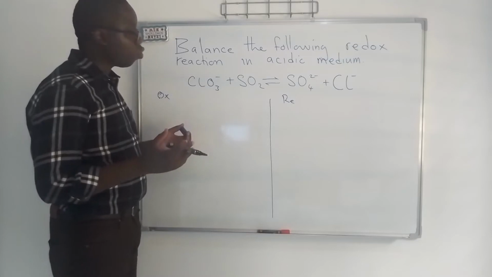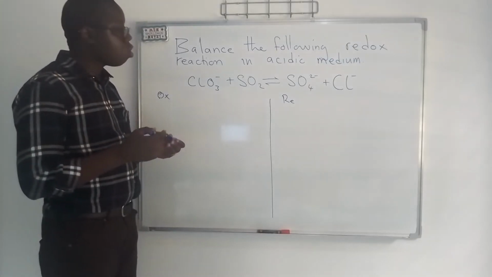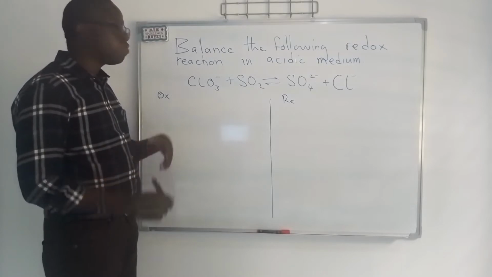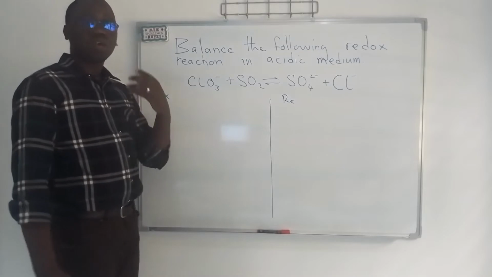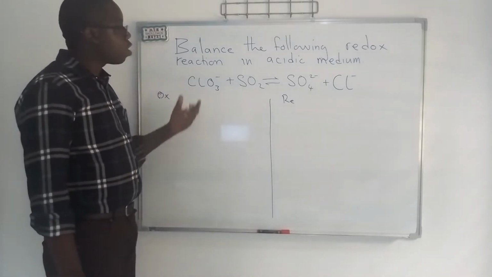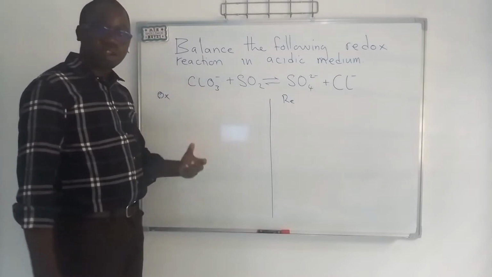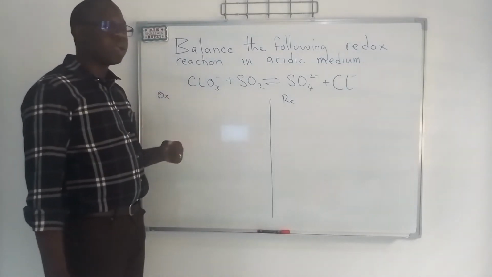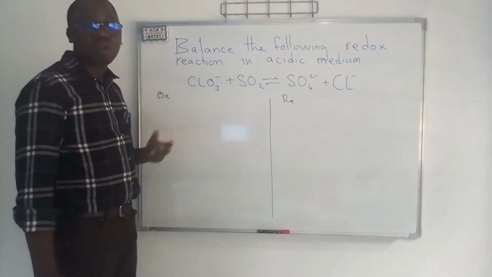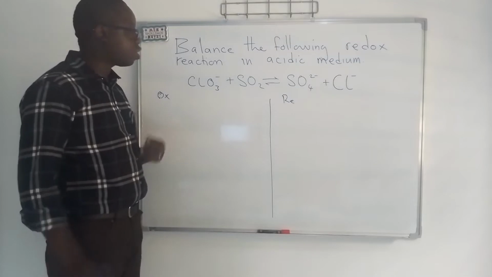That's the easiest way we define oxidation: oxidation is the gain of oxygen, while reduction is the loss of oxygen. But in more detail, you can also look at how the oxidation number is increasing or reducing. That is the best way of identifying which one is oxidation and which one is reduction.